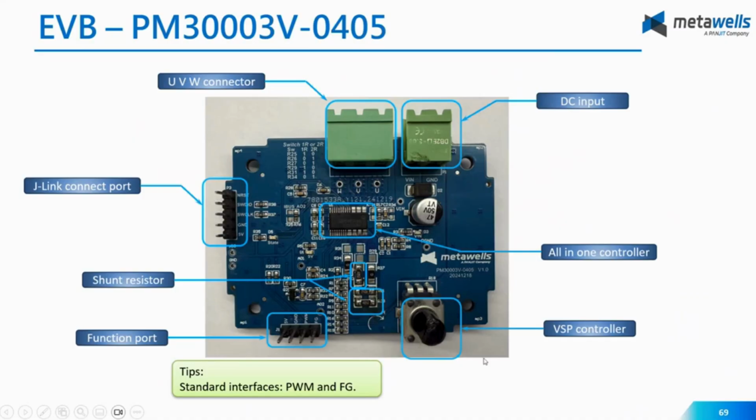We also provide a VSP controller, and the shunt resistor here is for current sensing. The J-Link connected port is used for programming and debugging. And here are UVW connectors, we use this port to connect the motor. And here we also provide a function port, with some standard interfaces, PWM input and FG tachometer output.